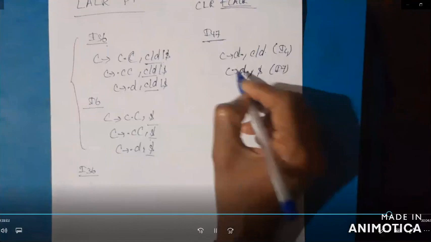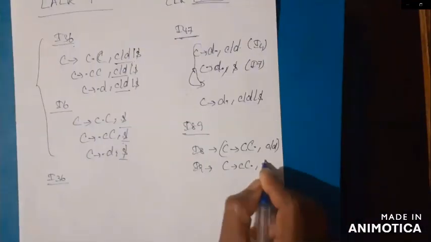Similarly, check 8 and 9. I8 is C tends to C C dot comma C bar D. What about I9? C tends to C C dot comma dollar.